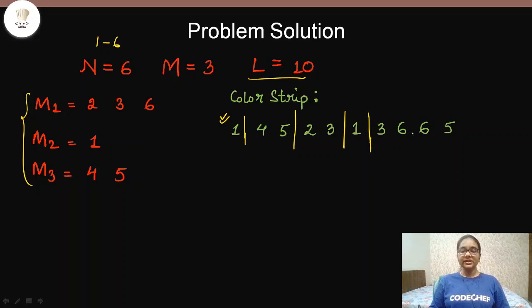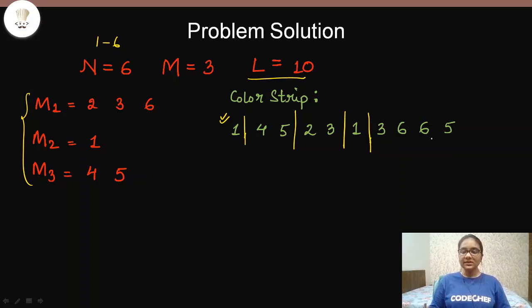Then we have 3, 6, 6. Now 3, 6 and 6 belong to the same list, that is M1. Even though 6 is present just once in M1 and here we have 6 and 6 together, the fact that we have to follow is that any color which belongs to the same list, even though it's present twice, thrice or any number of times, still will not be distinguishable to the Batman's eyes.